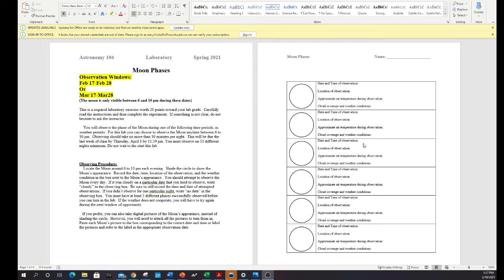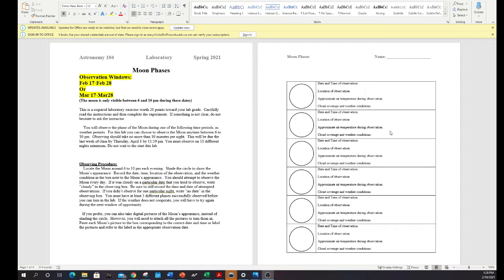Because the quality of astronomical observations is going to depend on the location you're at, how much light pollution there is at that site. And so if you were keeping a real observing journal, you would want to list things like this. Also, the approximate air temperature. This is going to affect seeing conditions quite a bit.